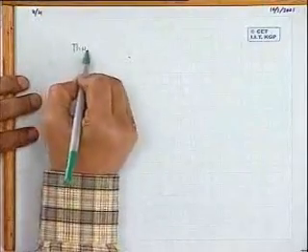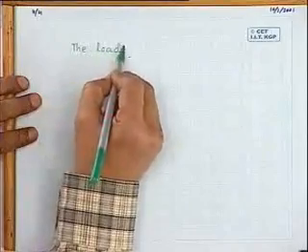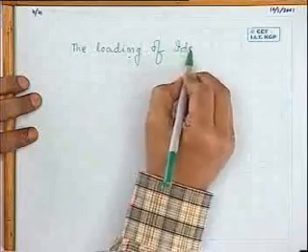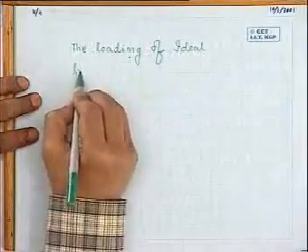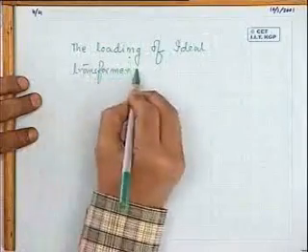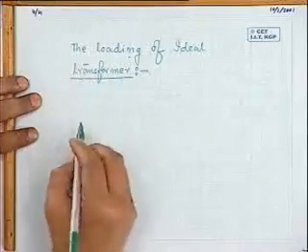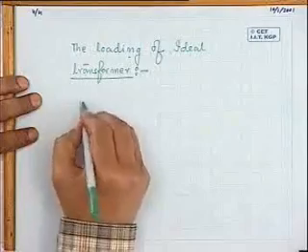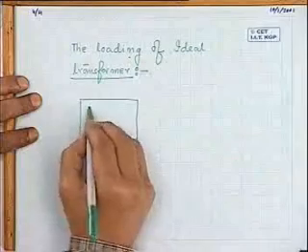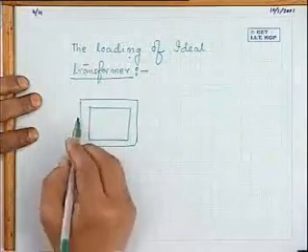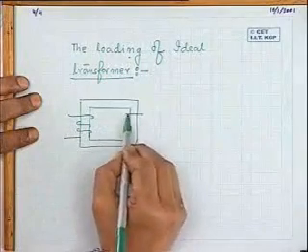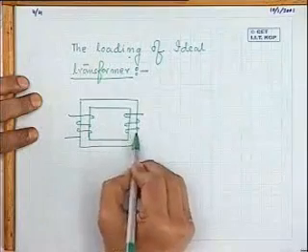So now let us understand the loading of an ideal transformer. This is your transformer, and this is your primary winding, and suppose the sense of the winding is also known.